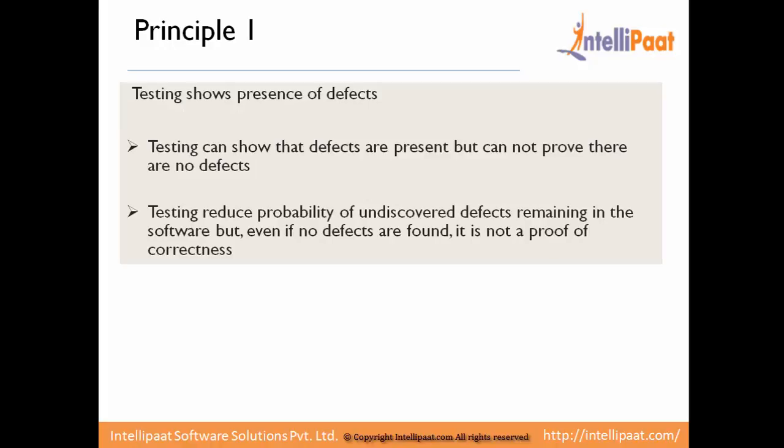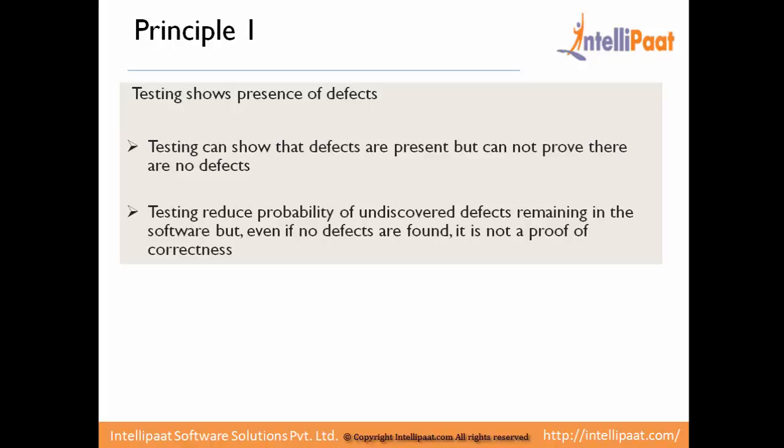Now looking at the second point: testing reduces probability of undiscovered defects remaining in the software, but even if no defects are found, it is not a proof of correctness. We need to be very careful about what this bullet point means. Testing reduces the probability of undiscovered defects, which is correct, because if there are any undiscovered defects, the testing team will be finding them, discovering them, detecting them, hunting them, to use different words, and they would be reporting them and getting them fixed through the development team.